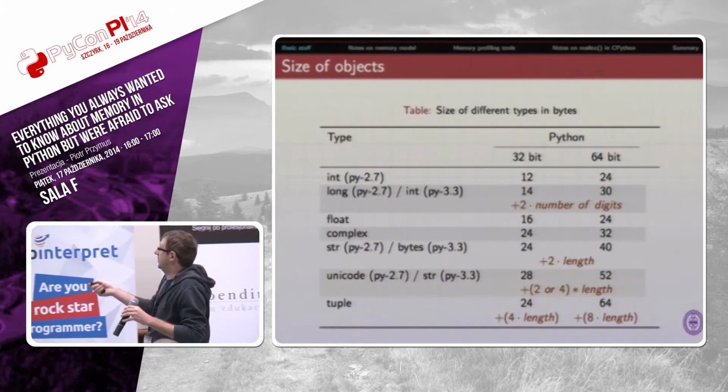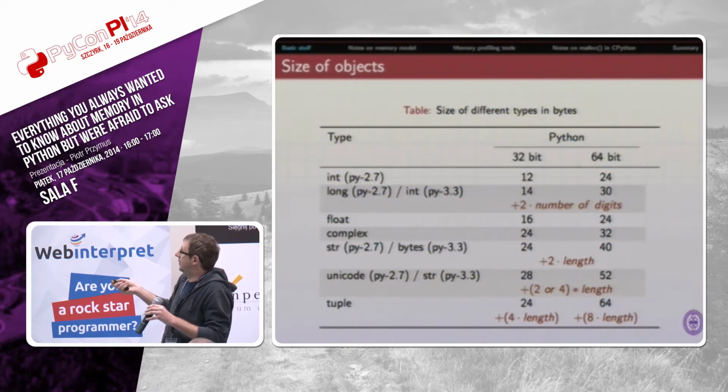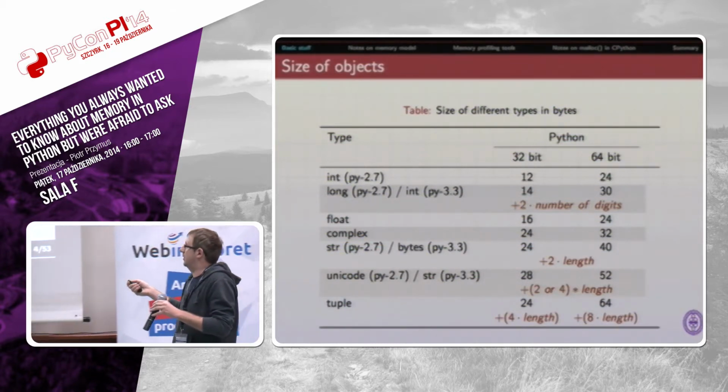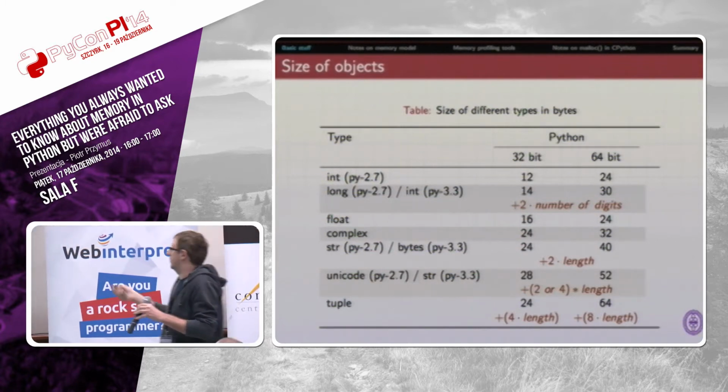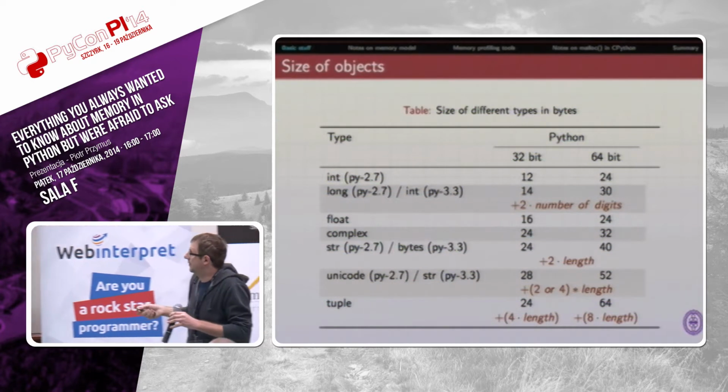An interesting thing is that some types use some memory for a header and some additional penalty for each element, or the size of the data.